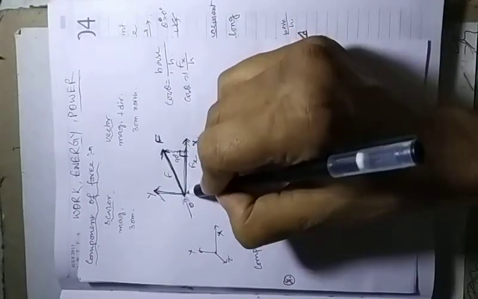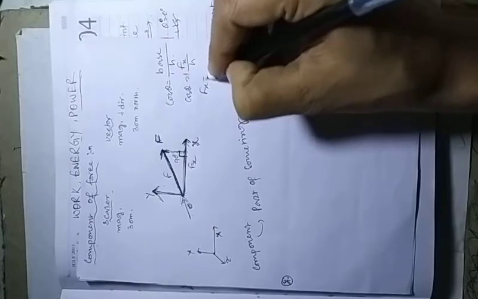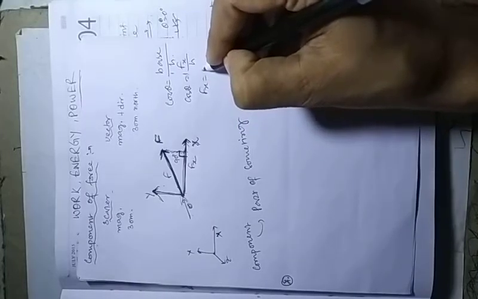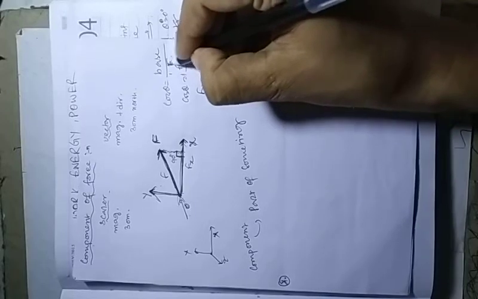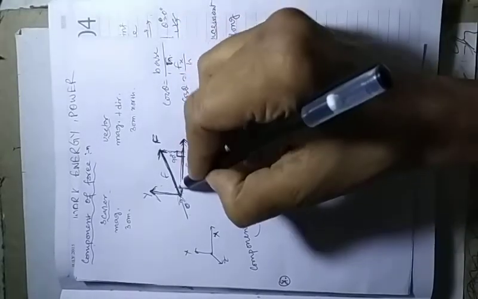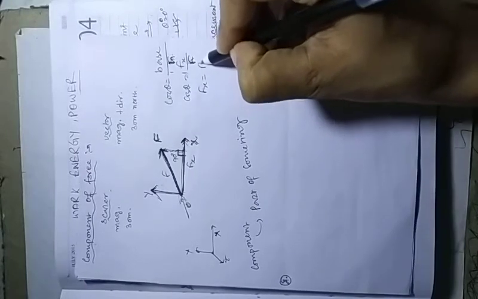So along the direction of x, the force Fx is equal to hypotenuse, this one, which is F, so Fx is F cos theta.